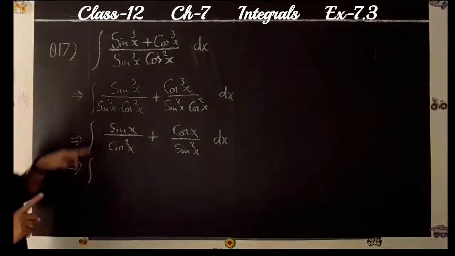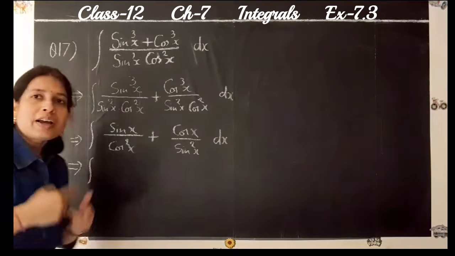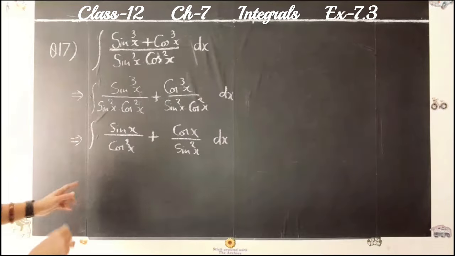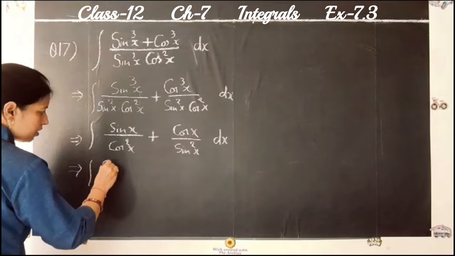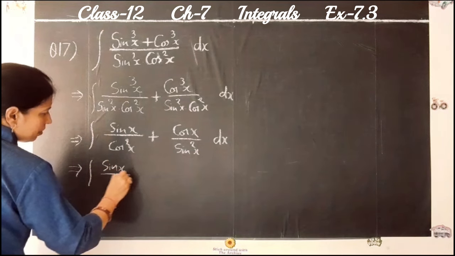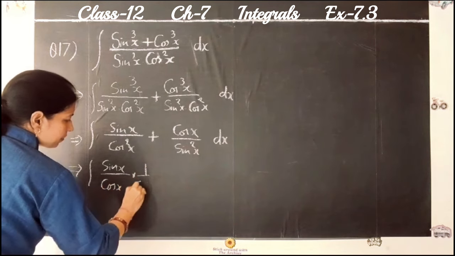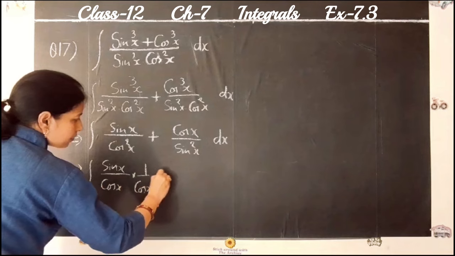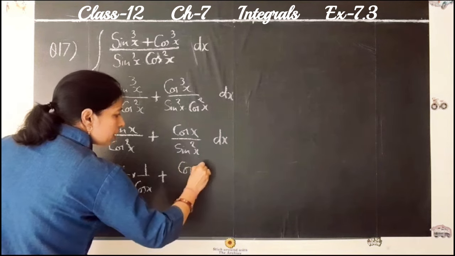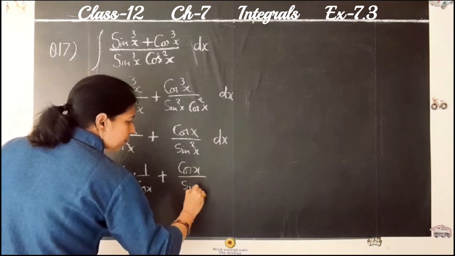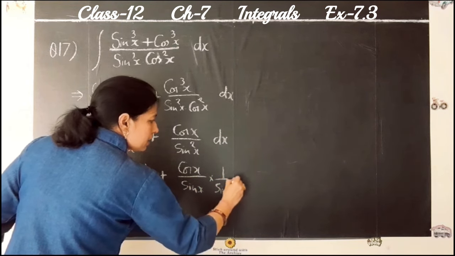Now we know that sin x by cos x is tan x. So here it is cos square x. Cos square x means cos x into cos x. So let us write this integral, right? First sin x divided by cos x into 1 by cos x. Then here it is also given sin square x. So we can write cos x divided by sin x into 1 by sin x dx.